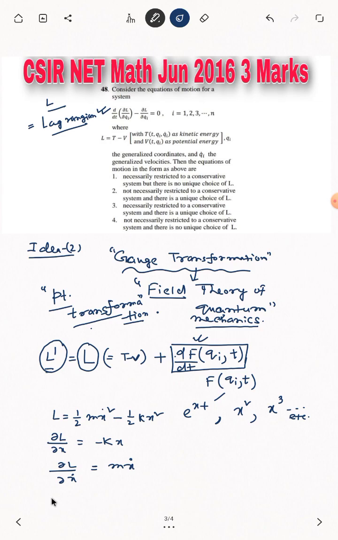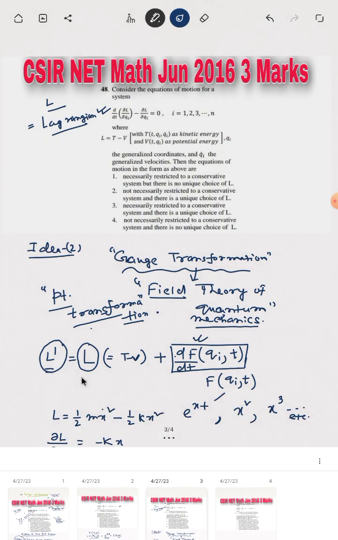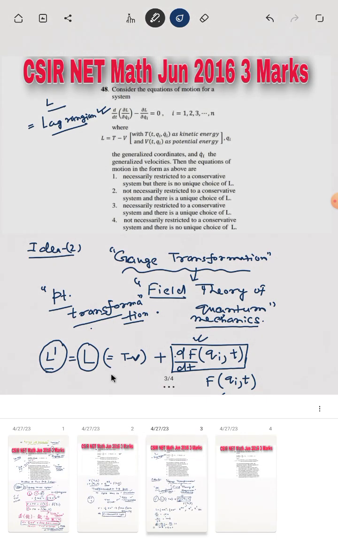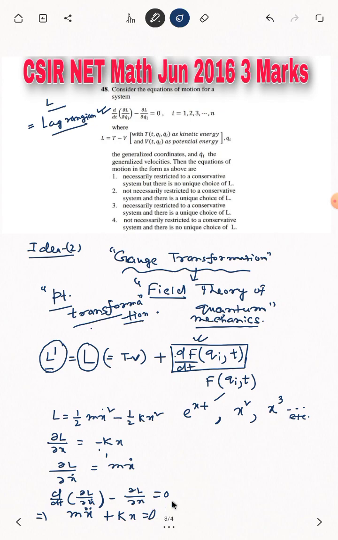So what will d/dt of del L by del x dot minus del L by del x equal to 0 give? This will give d/dt of m x dot, that means m x double dot, minus this quantity, this minus and minus will be plus kx, equal to 0. Is it clear to all of you? This quantity is obviously 0. So this is one thing.